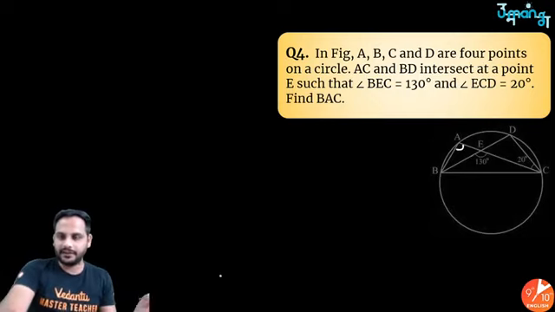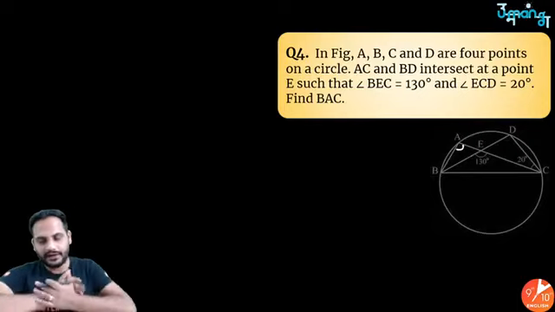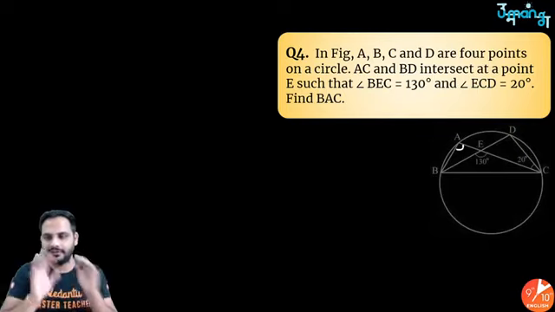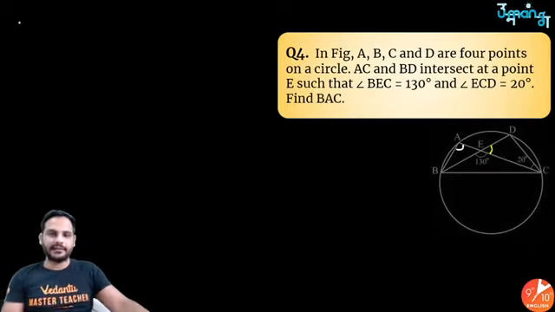So let's understand, since we are talking about the angles, let us try to get as many angles as we can. The first thing I know, sir, is that if this angle is 130 degrees, I can easily find out this part because BD is a straight line. So they are a linear pair. So I can say, sir, angle BEC plus angle CED is equal to 180 degrees.